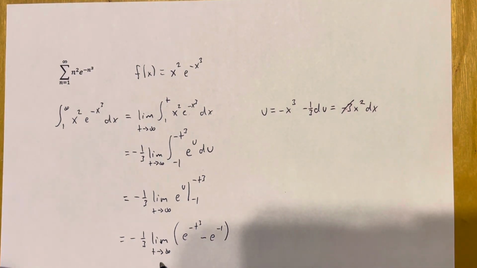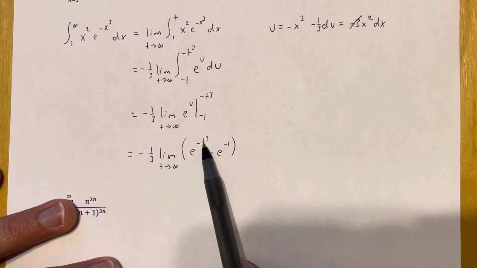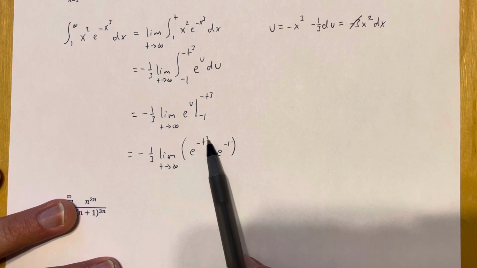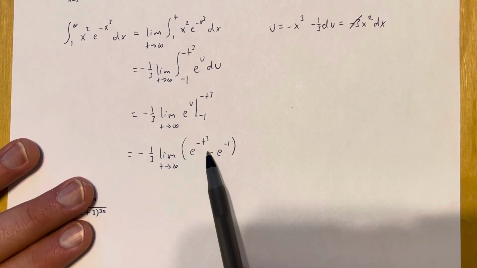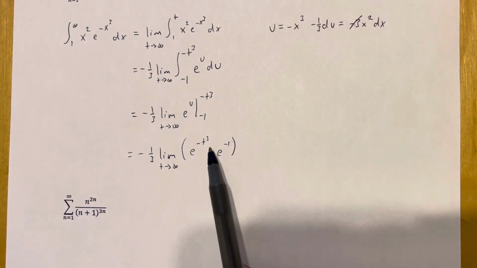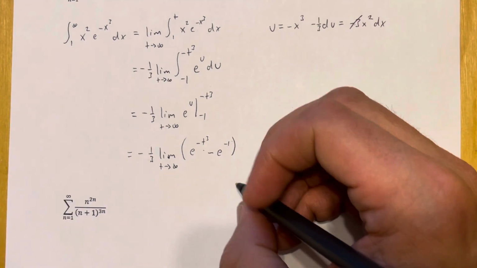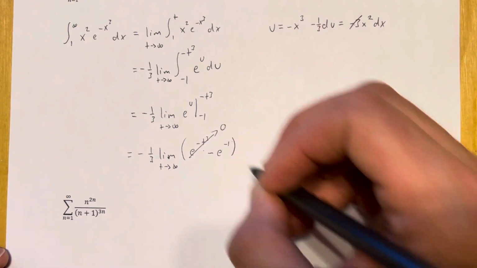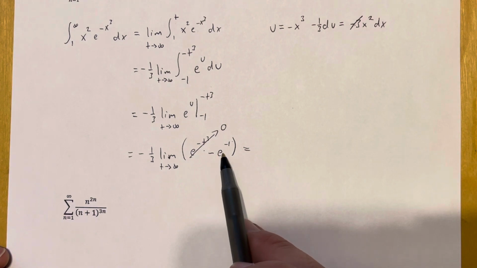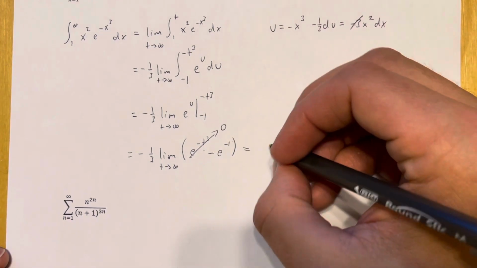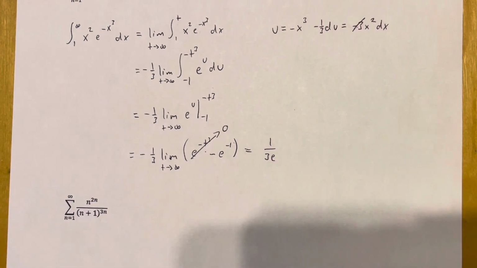Now, here's where the limit is going to be applied. As t goes to infinity, negative t cubed is going to negative infinity, and e to something that's going towards negative infinity is getting very, very small very, very quickly. So in the limiting case, that goes to 0, which leaves me with negative 1/3 times negative e to the negative 1 power. The negatives cancel, and I get 1/3e as a final answer.